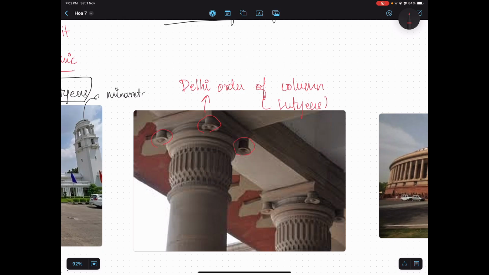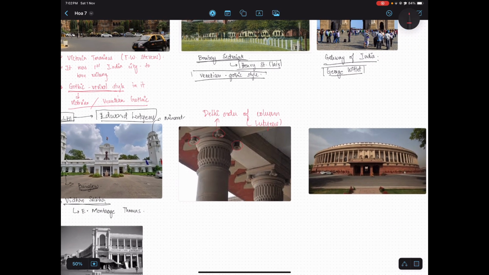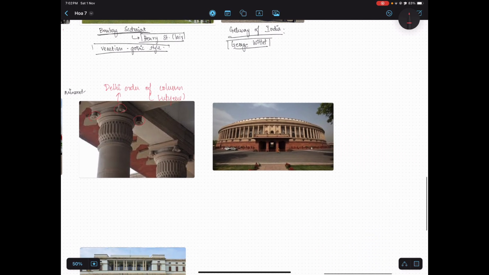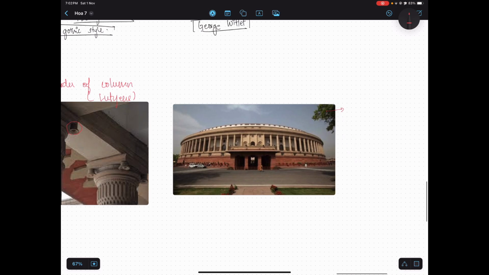And Lutyens was also a person who really loved the local architecture or the Indian style of architecture and tried to incorporate it as much as possible. So this is a building that was designed by Edward Lutyens and Herbert Baker.